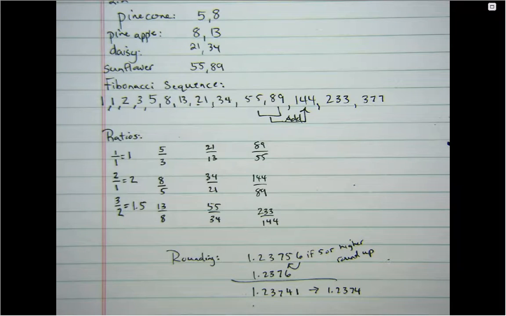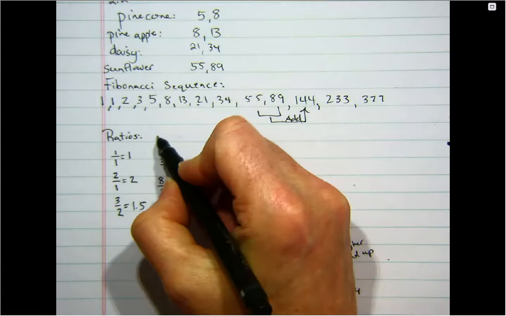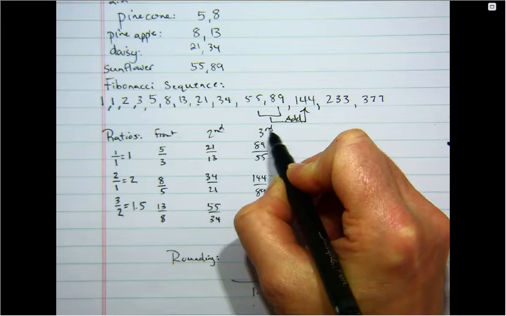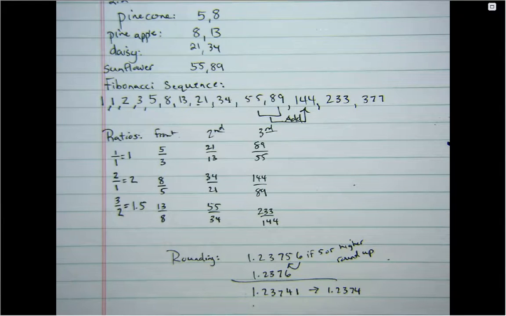Now I don't want everybody to have to do all this. So how about the front row does the first column, the second row does the second, and the third row does the third.